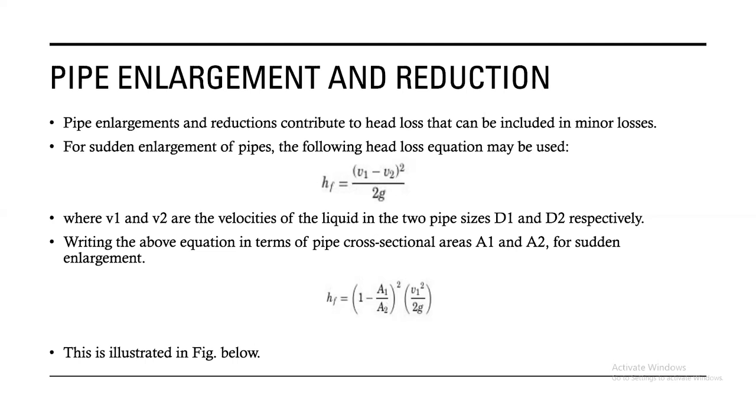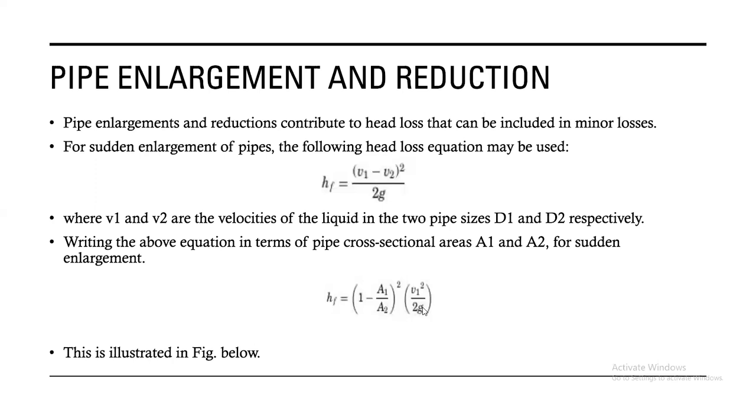Writing the above equation in terms of pipe cross-sectional areas A1 and A2 for sudden enlargement, you get that HF equals (1 minus A1 over A2) squared multiplied by V1 squared over 2g.